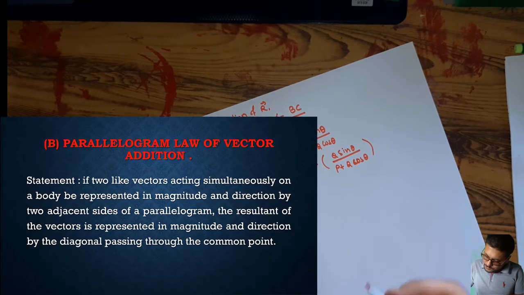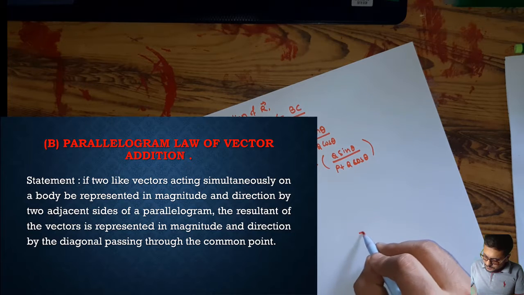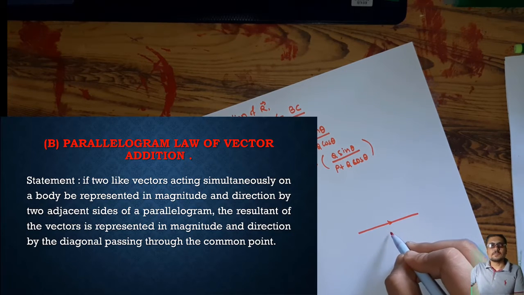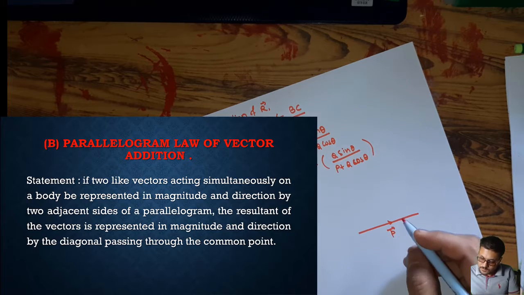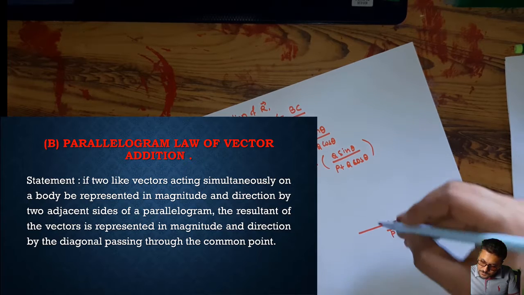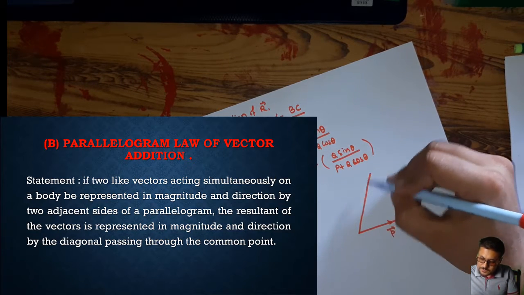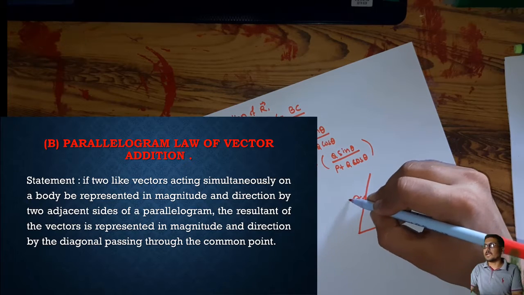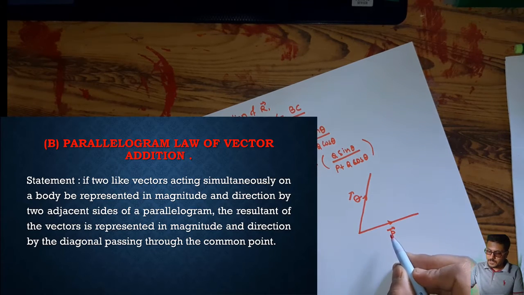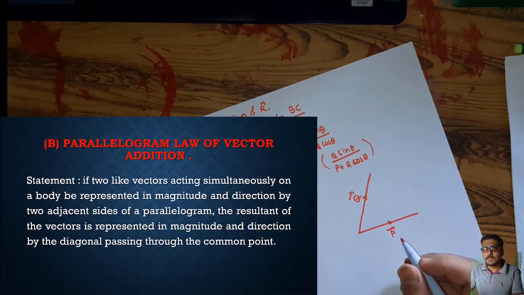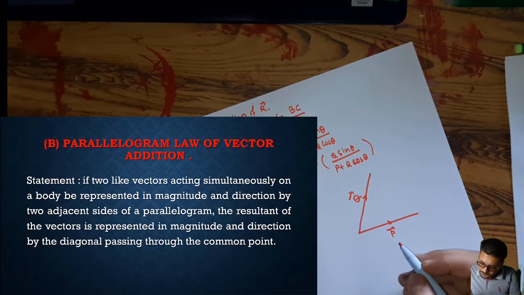If two like vectors, here we have the two like vectors, the vector P and the vector Q, be acting simultaneously as represented by two sides of a parallelogram, they represent two sides of a parallelogram.